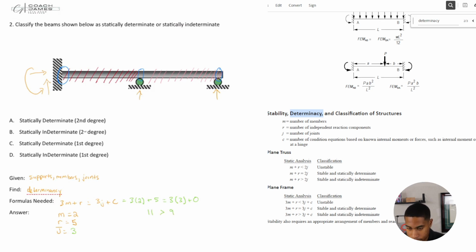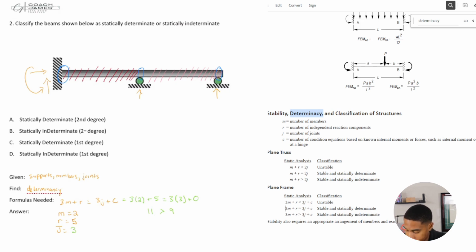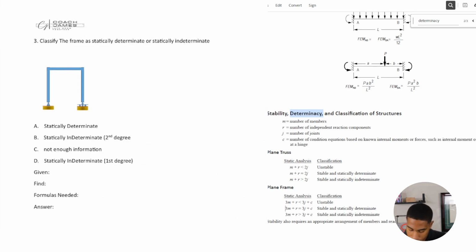And so since 11 is greater than 9, then I know that it is going to be this bottom one again. Stable and statically indeterminate. By how many, to what degree? Statically indeterminate to the second degree. Okay. So for my answer, I get B. All right. Let's look at number 3.